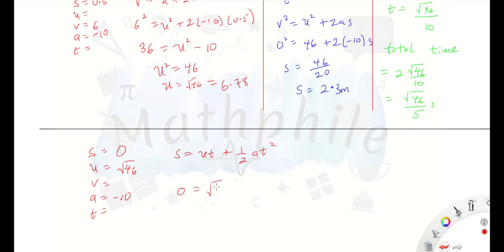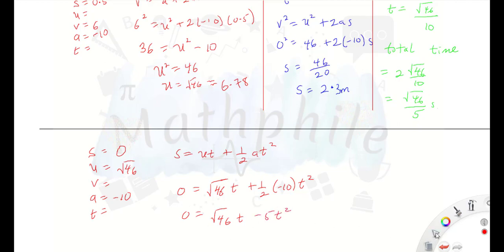U is square root of 46. So 0 equals square root of 46 T plus 1 over 2, acceleration is negative 10, and the time is T squared. So 0 equals square root of 46 T minus 5T squared.